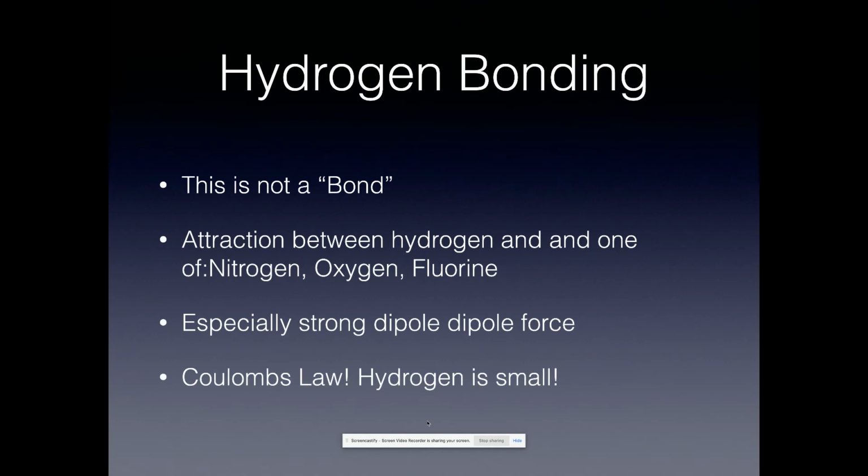So everything here is based on Coulomb's law. And since hydrogen is small, it can get up close and personal with the nitrogen, oxygens, and fluorines and form hydrogen bonding. And yes, it is a dipole-dipole force, and it is really strong. I mean, like 10% the strength of a covalent bond. But you have to know what elements are involved.